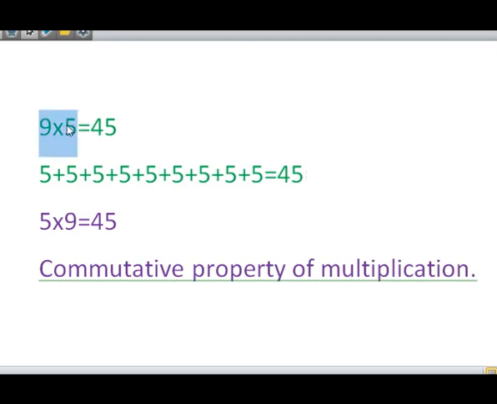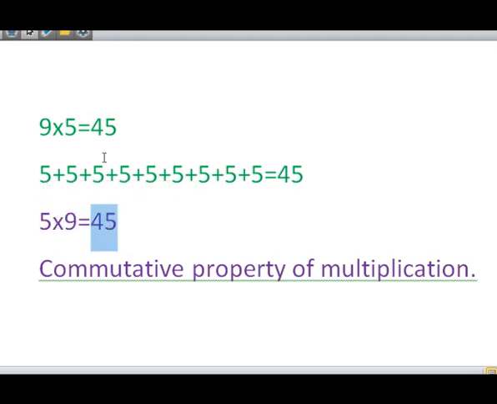This one is 9 times 5. This one here is 5 times 9. We have the same answer for both sentences, okay? So here, we can replace the 9 with the 5, and we can change the places between the 9 and the 5.